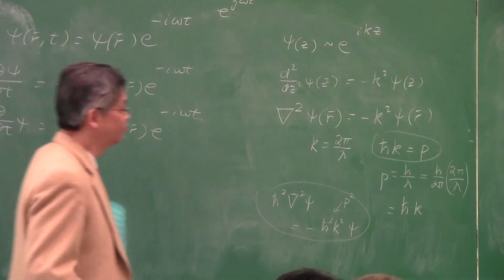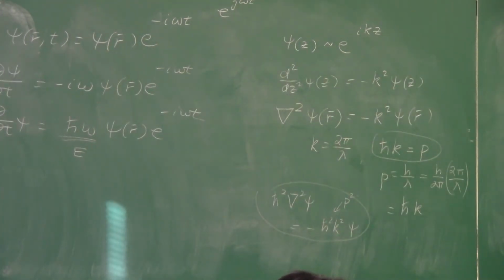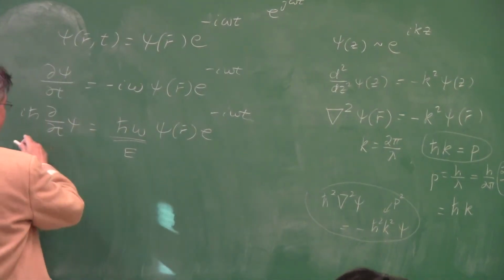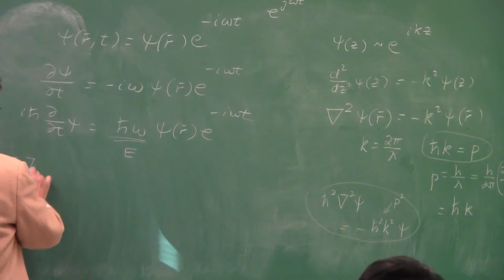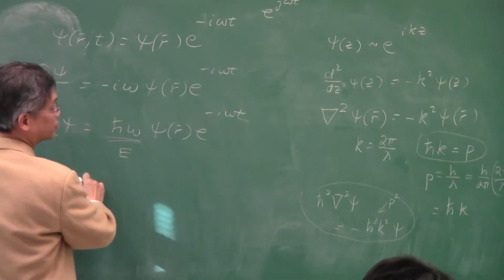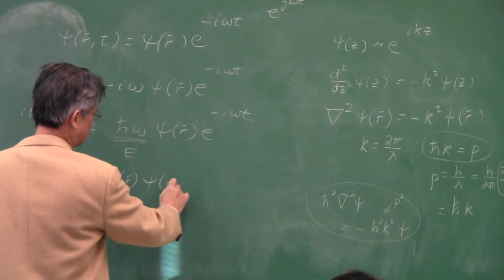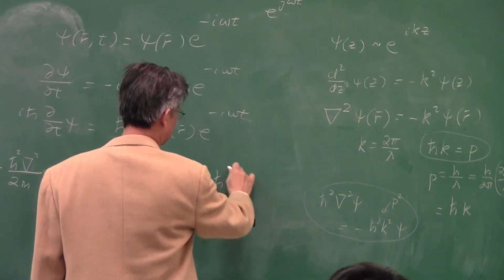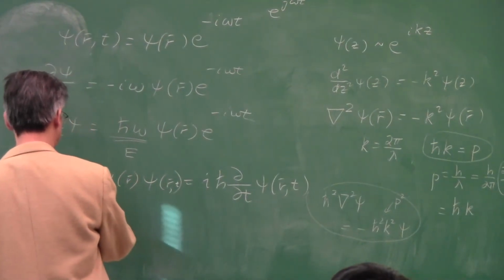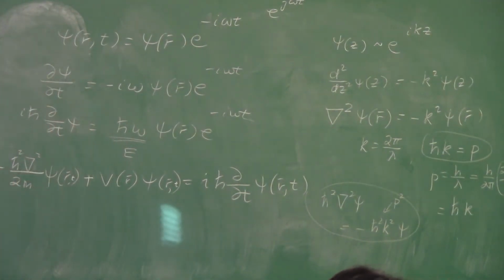So perhaps we can connect this E to h bar omega, and because of writing that E as h bar omega, the right hand side can become just this thing, and then you have this Schrödinger equation, which is known as the time-dependent Schrödinger equation. So you can put in time dependence in here, and conjecture that there is a time-dependent Schrödinger equation that looks something like that.